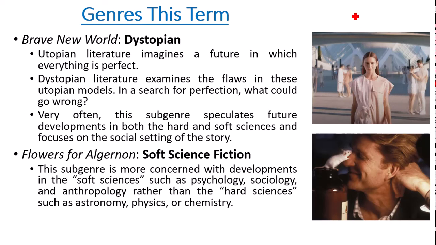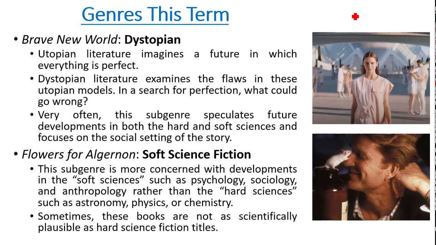This was published first as a short story in 1960 and then as a book in 1966. So, soft science fiction. I wanted to pick at least one book that was a pure soft science fiction novel for you. This subgenre is really concerned with developments of the soft sciences, as I mentioned before, psychology, sociology, anthropology, rather than the hard sciences of astronomy, physics, or chemistry.